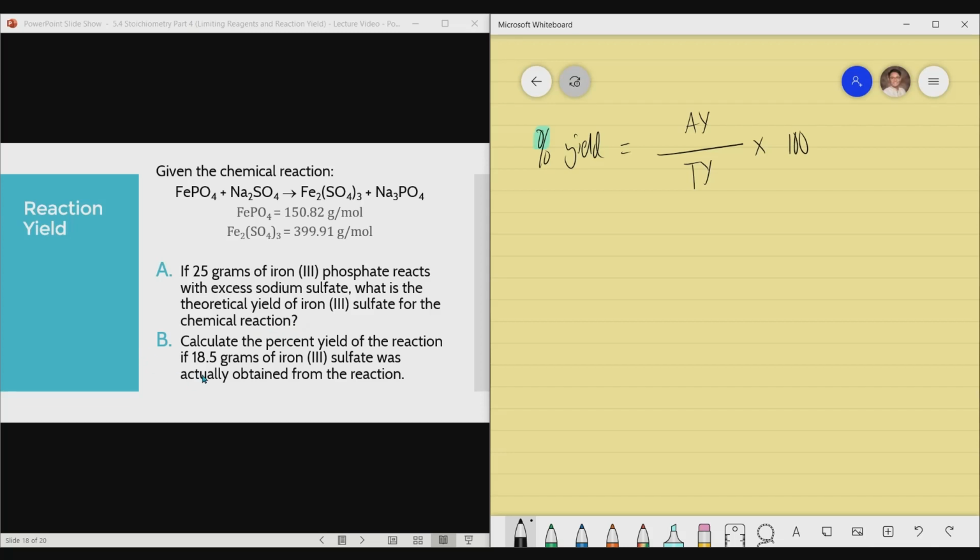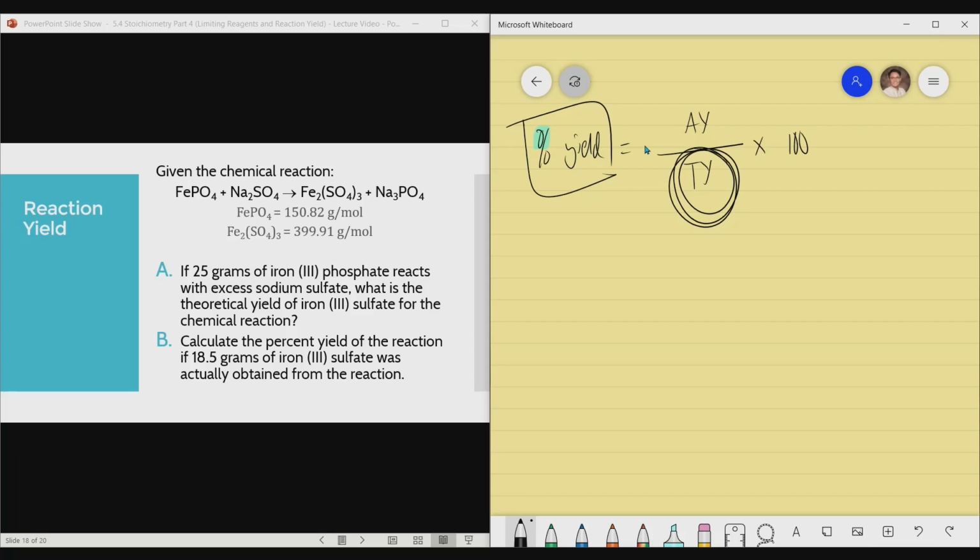And then for letter B, calculate the percent yield of the reaction if 18.5 grams of iron 3 sulfate was actually obtained. So sa letter B question, given na si AY. So given na tong numerator natin. So ibig sabihin, to solve for your percent yield, kailangan nating isolve si theoretical yield. Now how do we solve for theoretical yield?